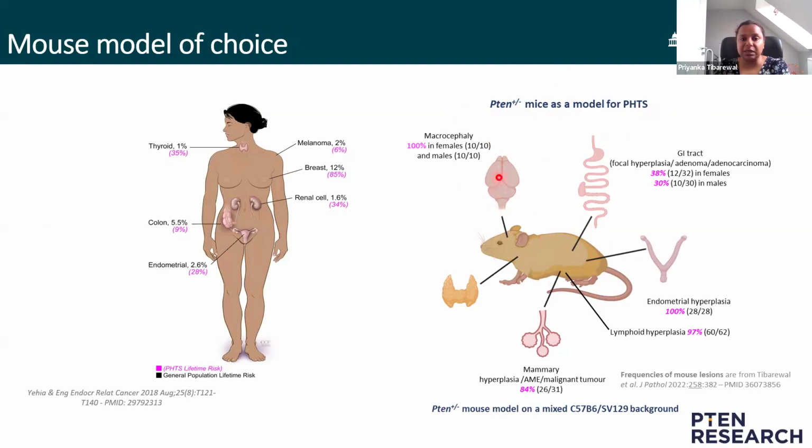We use this as a model for PHTS, and you can see that it gets the same sort of tumors as PHTS patients do. 100% of our mice get macrocephaly, and they have tumors of the GI tract, of the endometrium, mammary tumors, and thyroid tumors. Our mice also get lymphoid hyperplasia, which is the same as the enlarged tonsils or adenoids seen in our young PHTS patients.